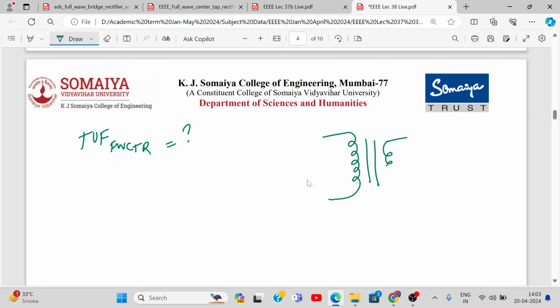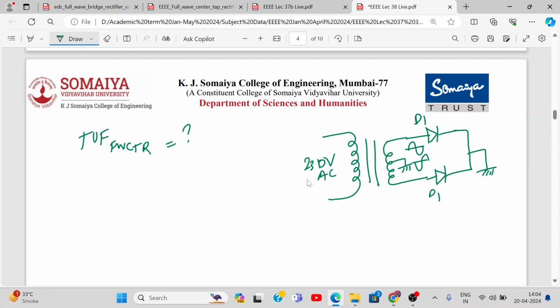I have the winding, and I take the center tapping over here. So here the full cycle comes, yes or no? And you have a diode. So at any one point of time, at least one of the diodes is on, right? This is 230 volt AC. Yes or no? So RMS value of the secondary here, VRMS, will be how much?